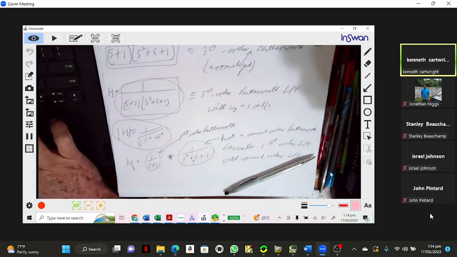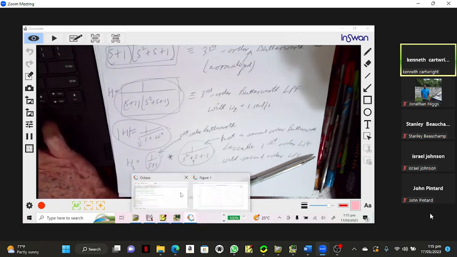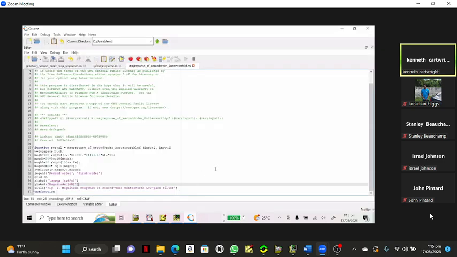I'll do the phase. Let's plot the phase in Octave. I want most of this.